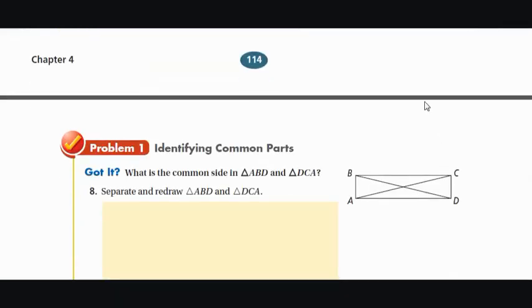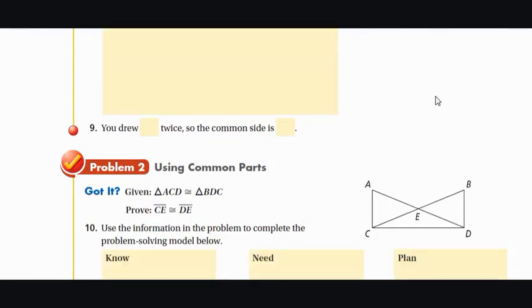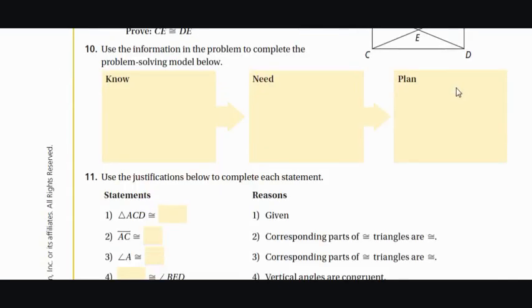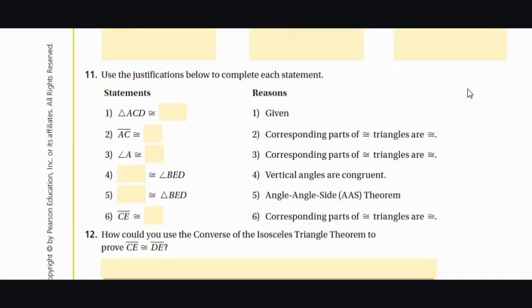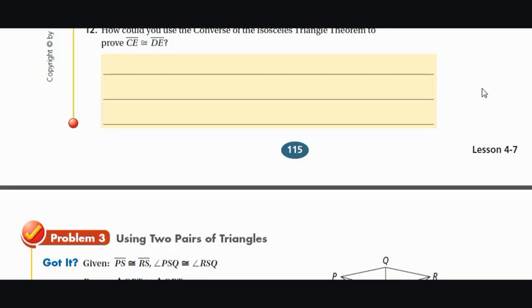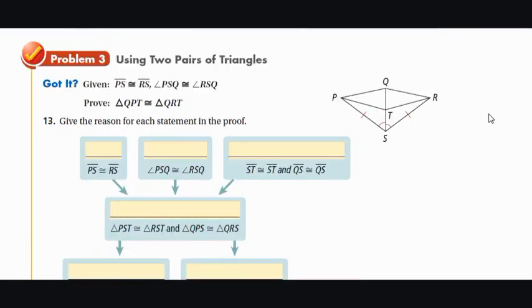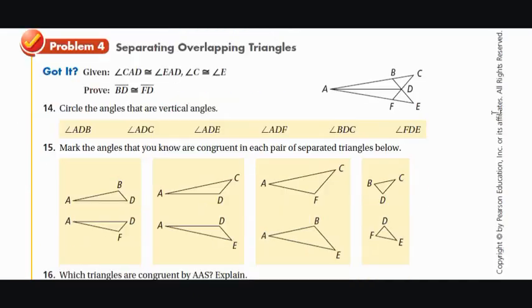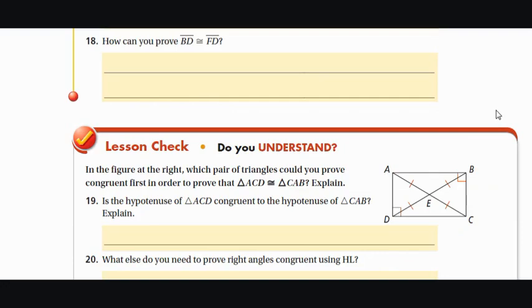Then you're going to get into some problem solving, identifying common parts, using common parts in proofs. Just follow the directions very closely, and then you're going to complete some incomplete proofs, one step by step. And then you're going to be using two pairs of triangles to even extend and further certain proofs, and get even more into depth about separating overlapping triangles as well.